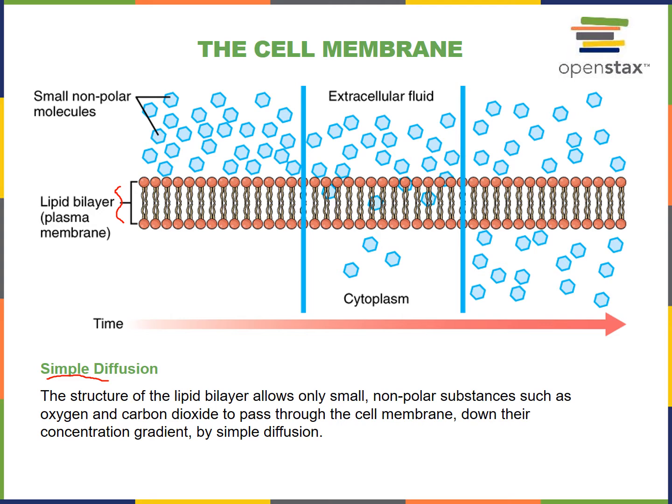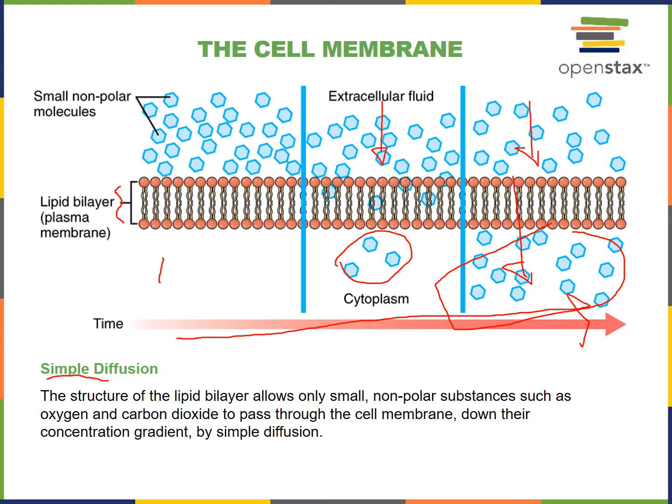So this is extracellular, and this is intracellular. These non-polar molecules have a lot outside, as you can see, and a little bit inside. As time passes, those molecules start to get inside the cell by simple diffusion. Compare this one with this one, with all these molecules now as time passes.